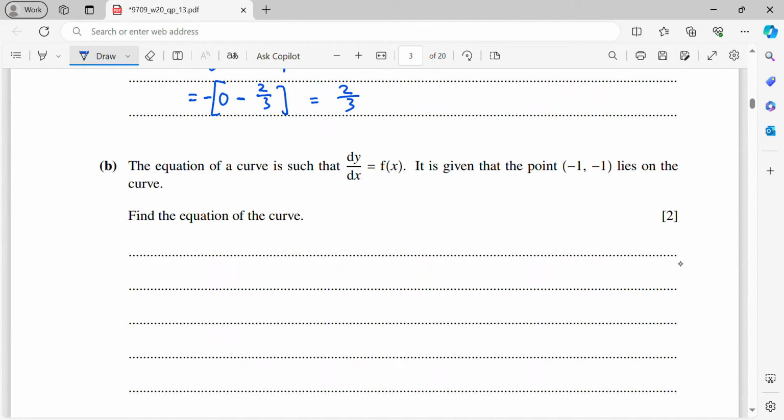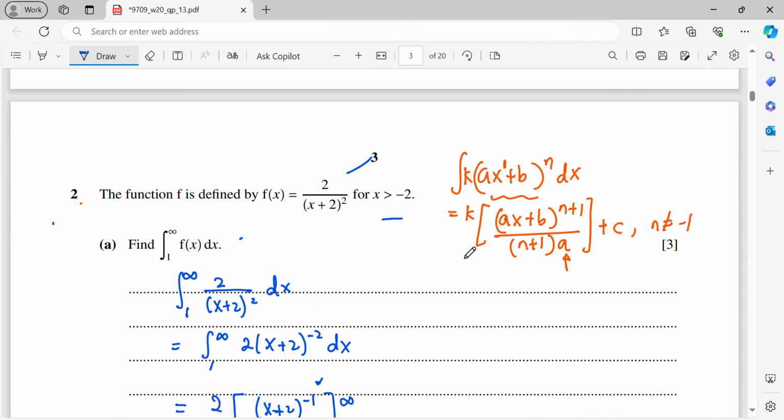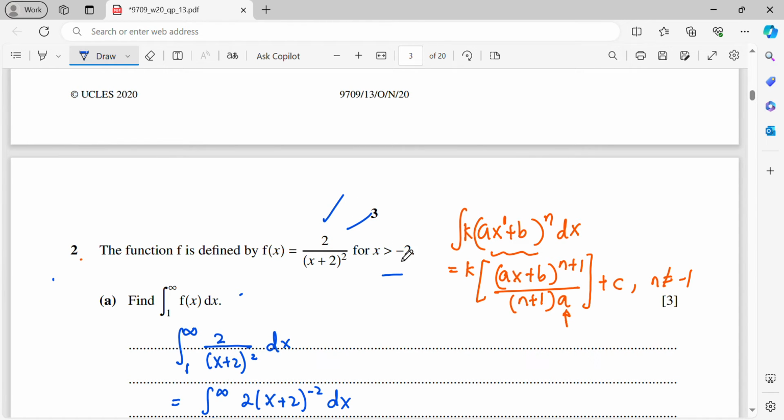Now part B. The equation of the curve is such that dy/dx equals f(x). It's given that the point with coordinates (-1, -1) lies on the curve. Find the equation of the curve. Now dy/dx is f(x), so I will just replace f(x) by this first.